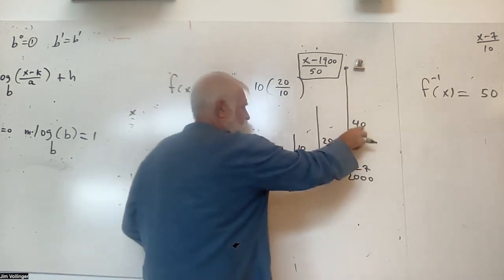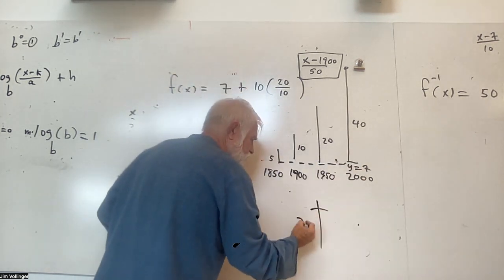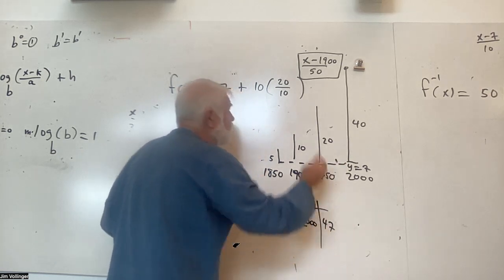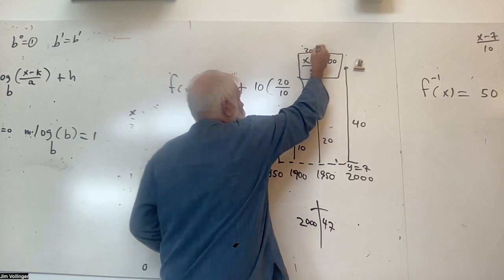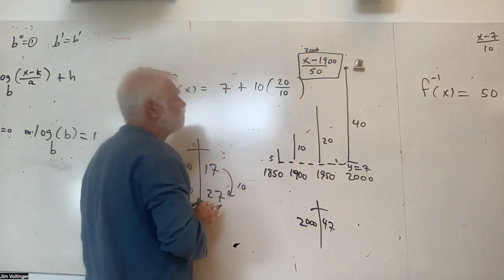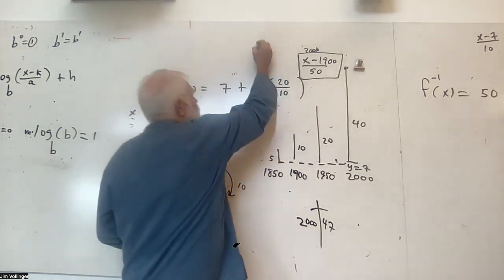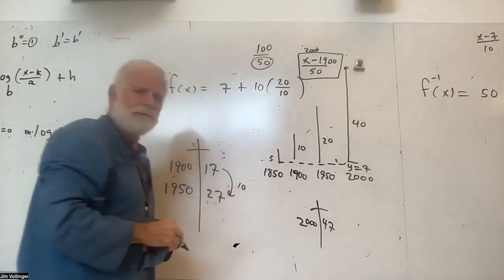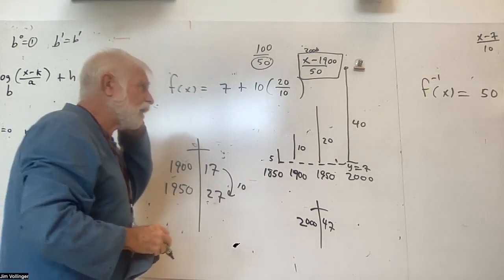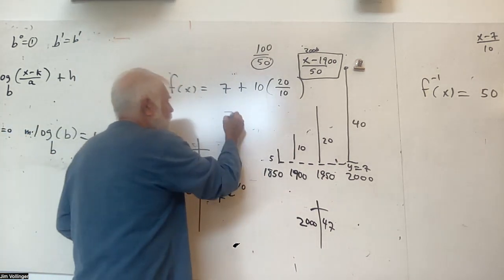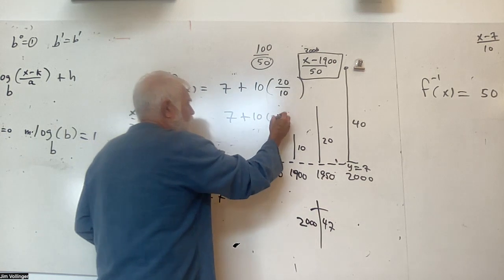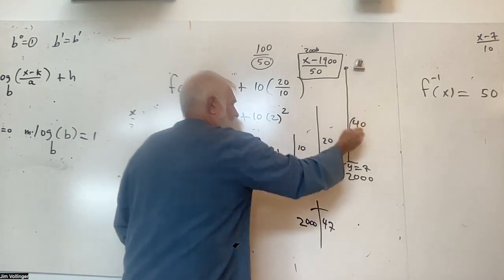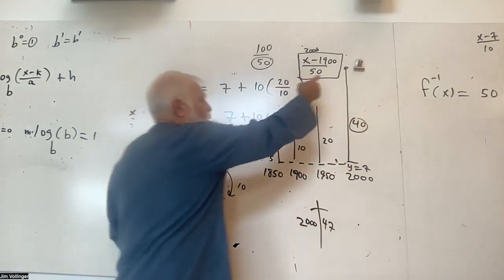All right, so 7 plus 40 means 2000 should get me 47 units. 2000 minus 1900, that's 100. Now, why is 100 nice? Because it's a multiple of 50. So 50 goes into 100 twice, which means I've got 7 plus 10 doubled twice. 4 times 10, 40 plus 7, 47.